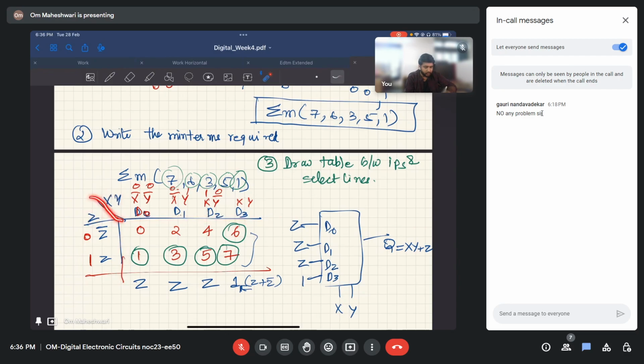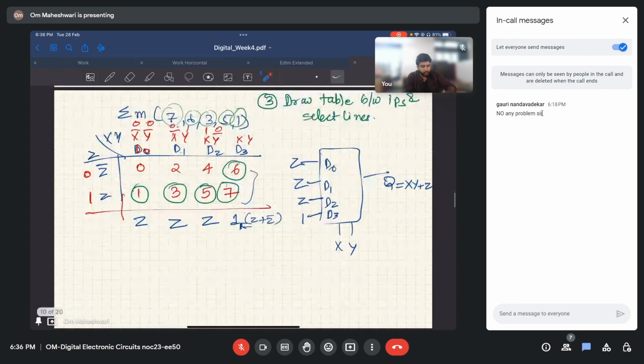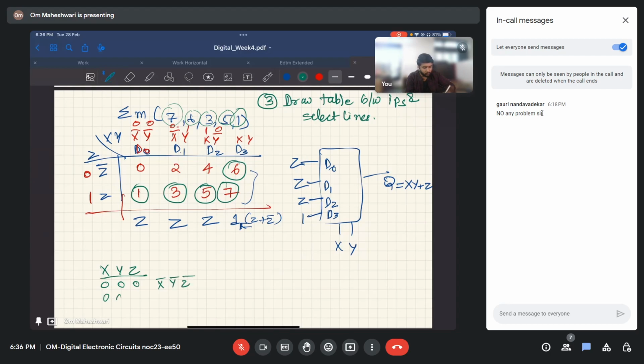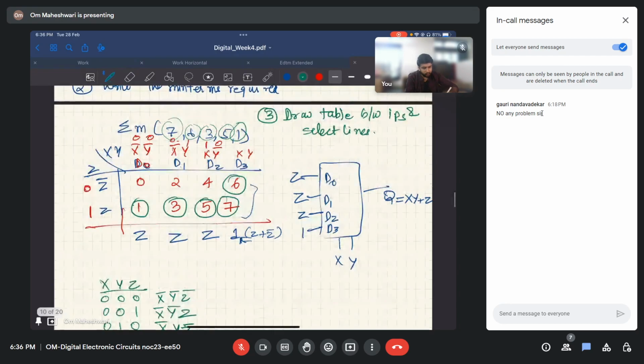How X and Y vary and how Z varies, those combinations give the numbers that we will get, right? This form: X, Y, Z, that is 0, 0, 0 is X bar, Y bar, Z bar. 0, 0, 1 is X bar, Y bar, Z, and 0, 1, 0 is X bar, Y, Z bar. Similar to this.